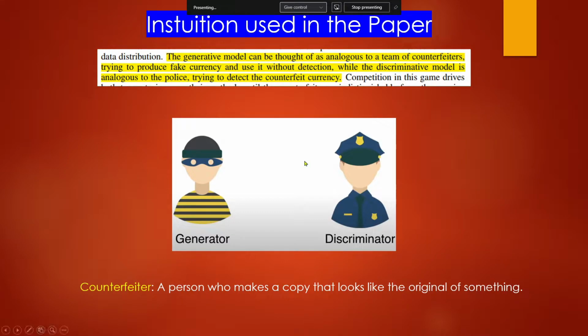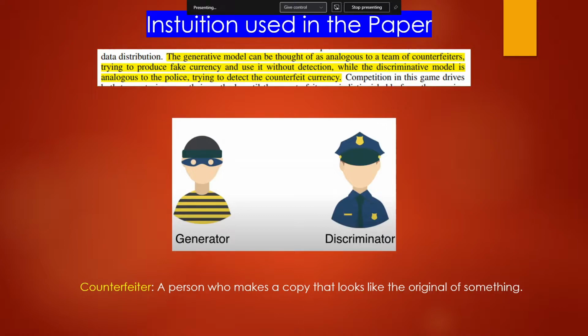As I have said before, whatever screenshot I have taken is directly from the paper. This intuition has been provided in the paper: the generative model can be thought of as analogous to a team of counterfeiters trying to produce fake currency and use it without detection, while the discriminative model is analogous to police trying to detect counterfeit currency.